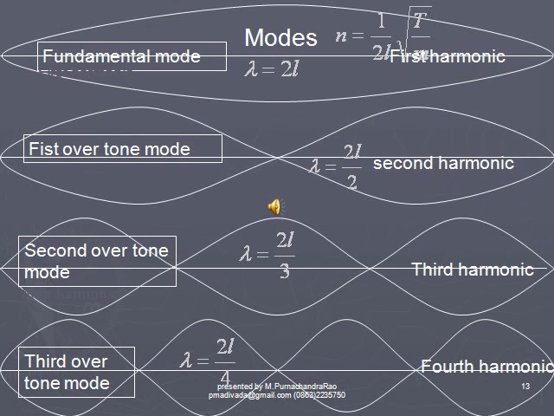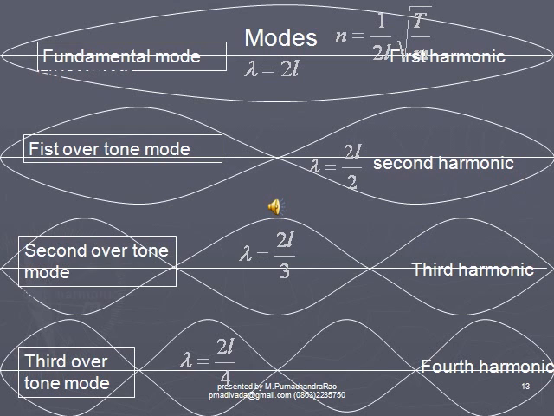The same wire can be vibrated in three loops. This is the second overtone mode, and the frequency is known as third harmonic. If the wire is vibrated in four loops, this is the third overtone or fourth harmonic. So the same wire can be set in vibration in different modes.